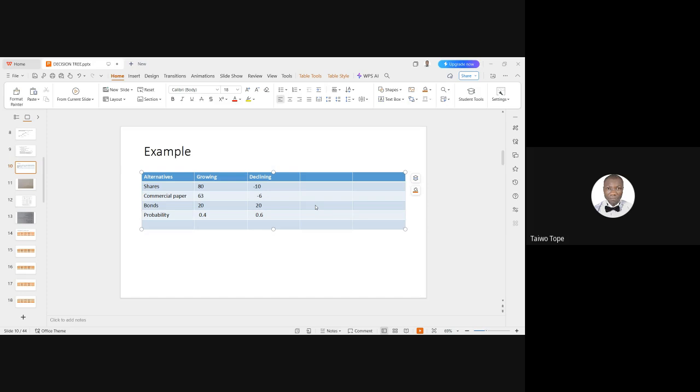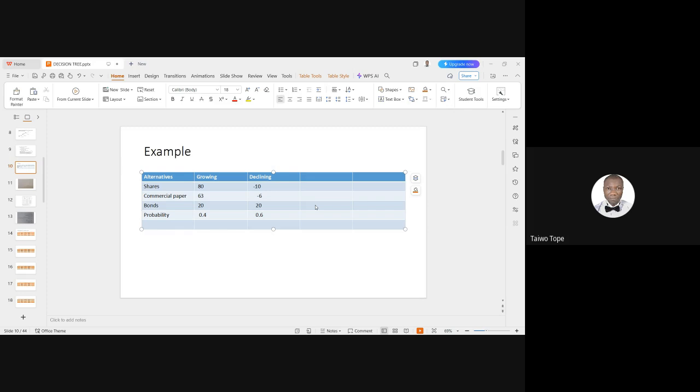So for you to draw a decision tree, your decision node will have 3 points, isn't it? Yes, sir. Points of shares, of commercial paper, and of what? Of bond. Isn't it?